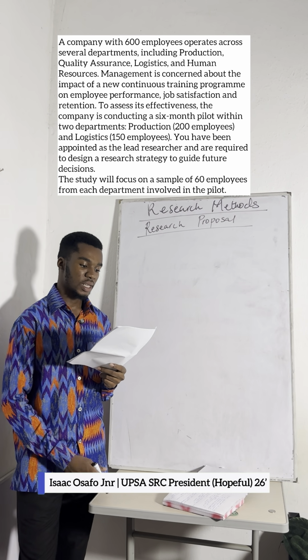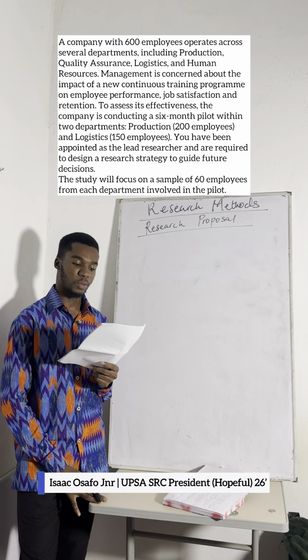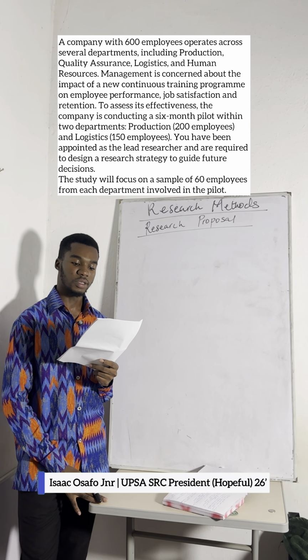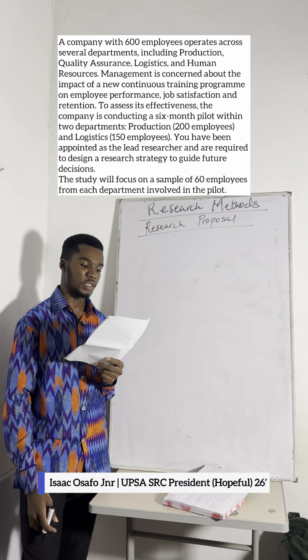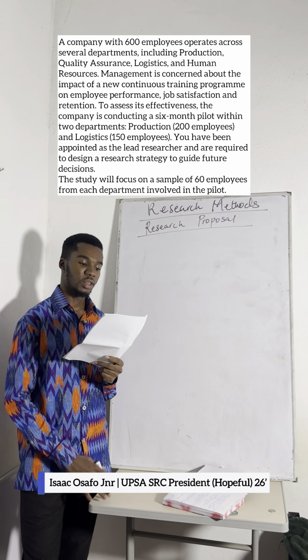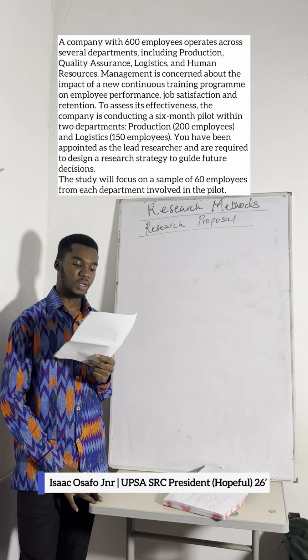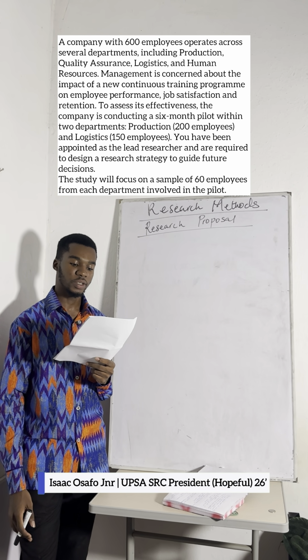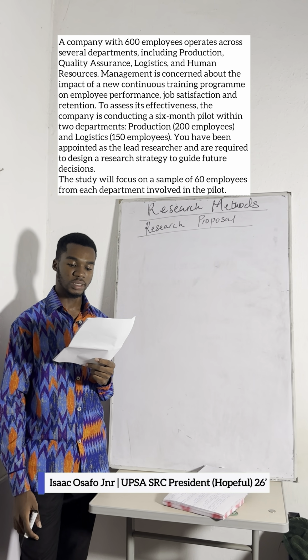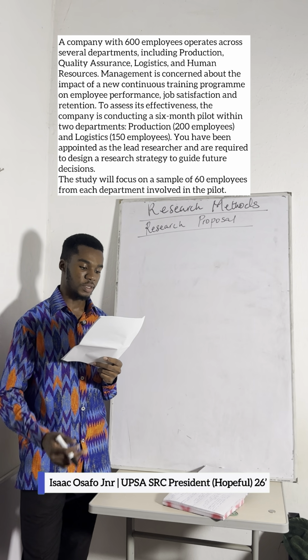So it says that a company with 600 employees operates across several departments, including production, quality assurance, logistics, and human resources. Management is concerned about the impact of a new continuous training program on employee performance, job satisfaction, and retention.